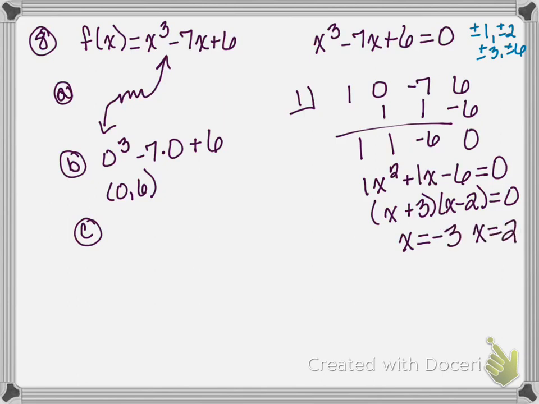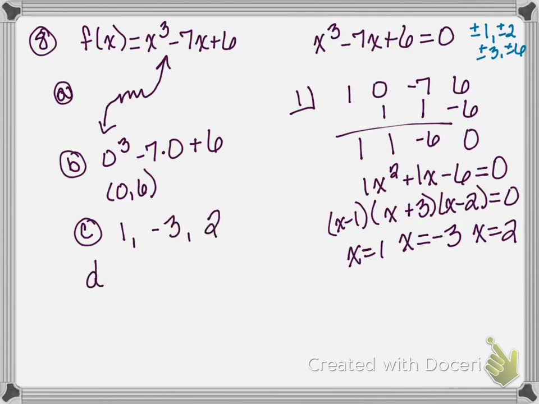But don't forget, I've got one more. What's my other one? 1. Good. It's x minus 1, so my solution is x equals 1. So part C says identify the solutions to the function. My solutions are 1, negative 3, and 2.